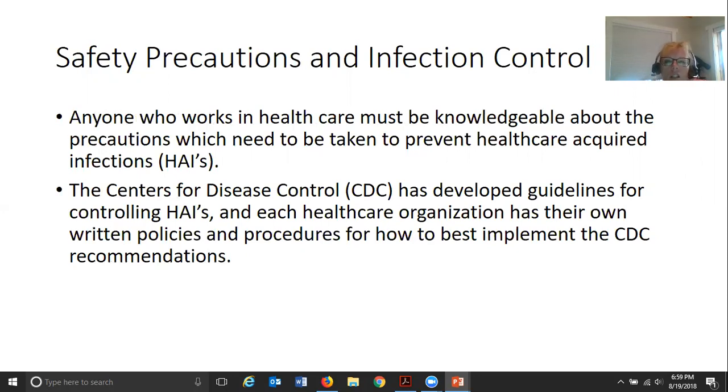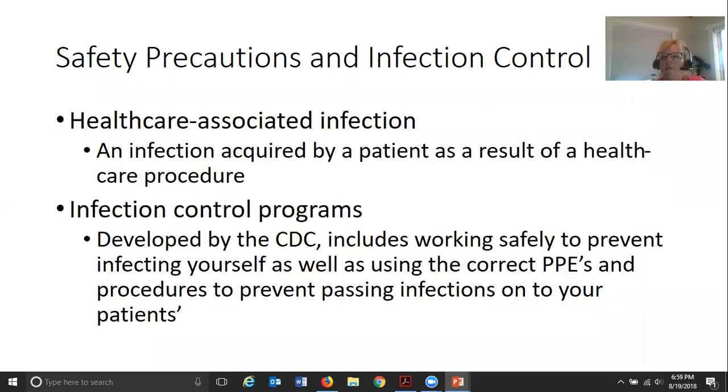The Centers for Disease Control, CDC, has developed guidelines for controlling healthcare acquired infections. And every facility has their own policies and procedures on how those CDC requirements are implemented. Again, a healthcare associated infection is an infection acquired by a patient as a result of a healthcare procedure. That's the standard definition. For instance, if someone has surgery and they end up with a surgical wound infection, that's a healthcare acquired infection.